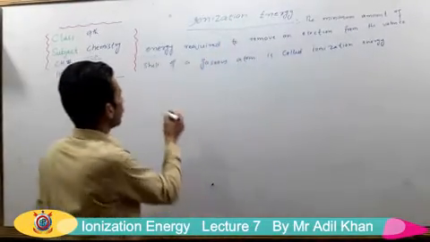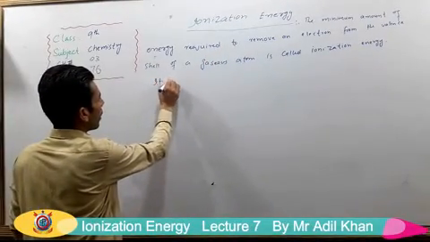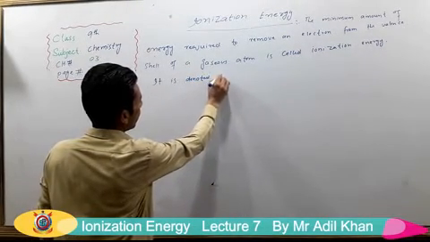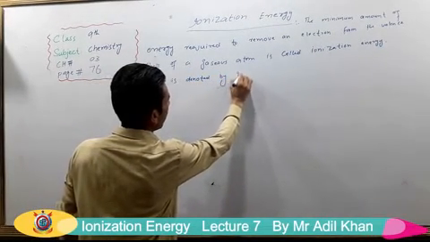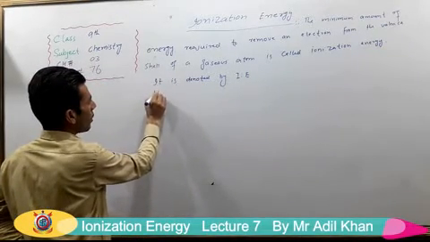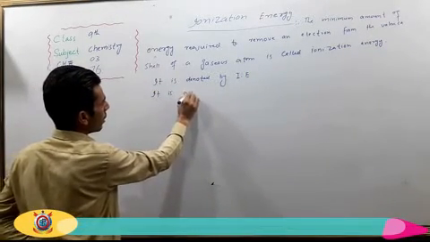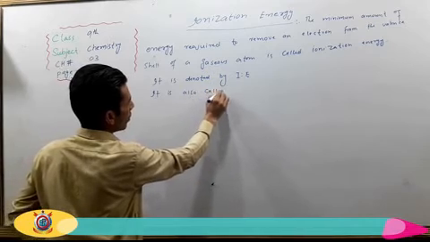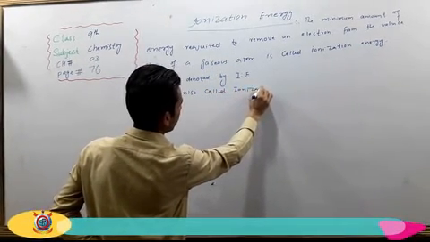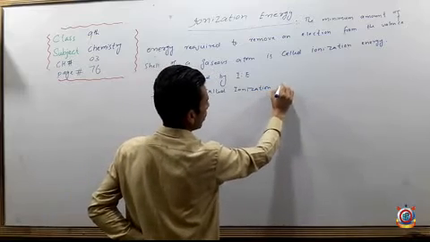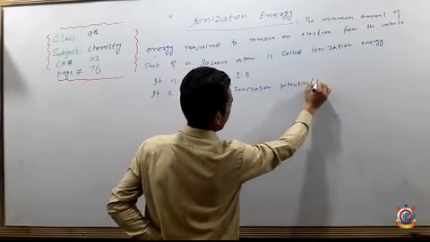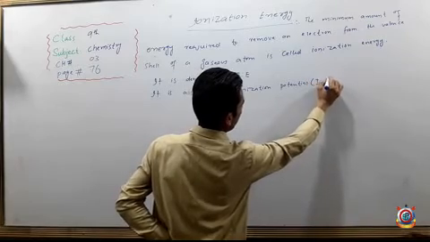It is denoted by IE. Ionization energy is also called ionization potential, and we write it as IP.